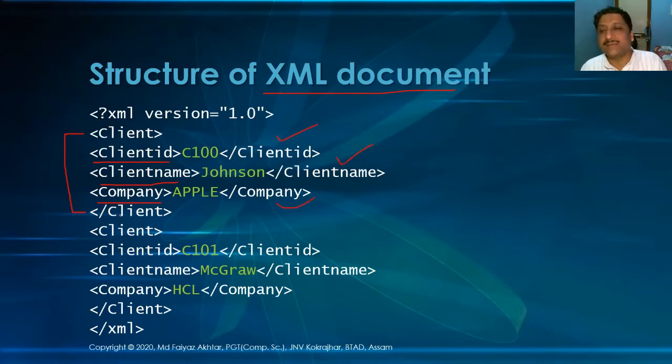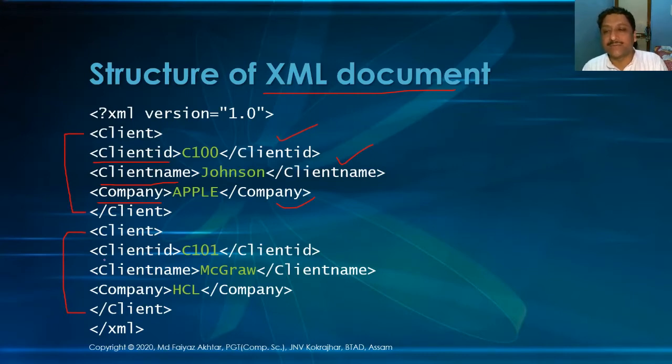Then when one client is completed with all the information put here, another client's information we can store here with the same type of tags: client ID, client name, company, like this.